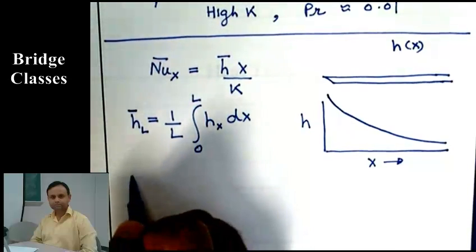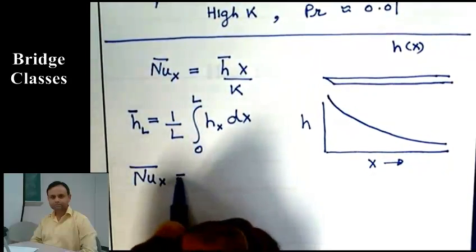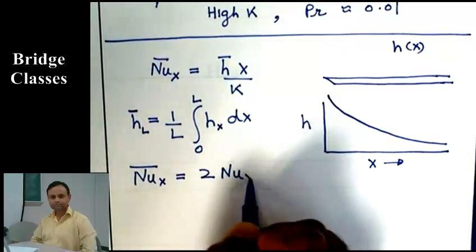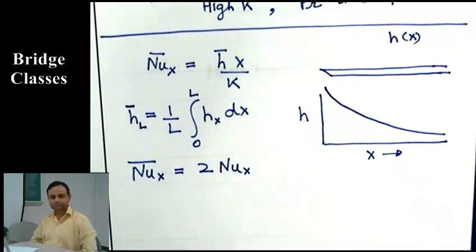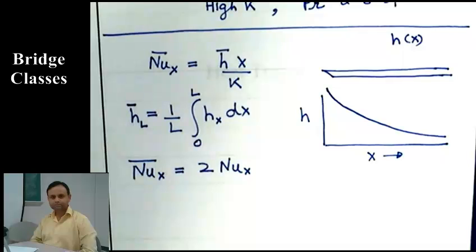It's a very simple integration, so I'm leaving that to you. But you will find that the average Nusselt number is twice the local Nusselt number. This is for the correlation we obtained for the Nusselt number.